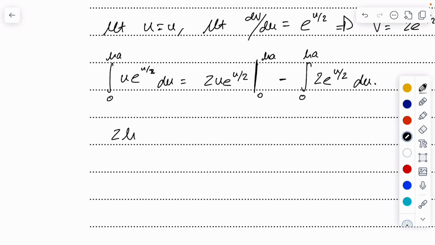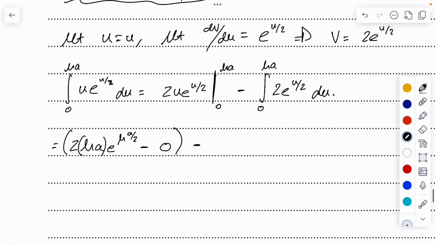Now we can say 2 ln a times e to the ln a over 2, minus 0, minus 4e to the u over 2 integrated between 0 and ln a.